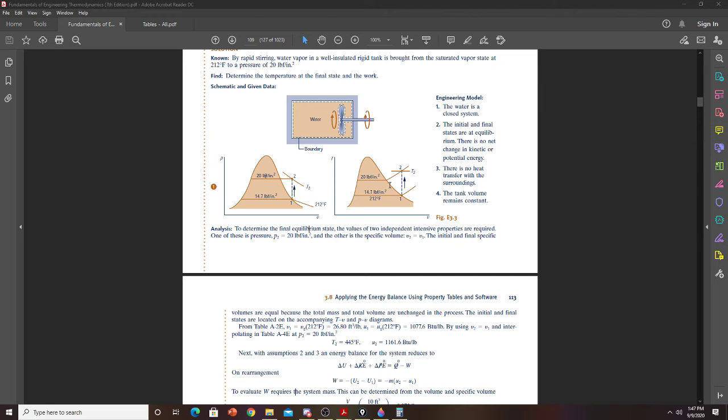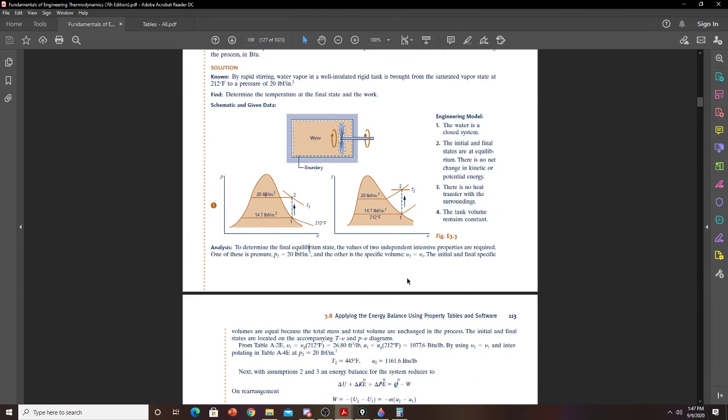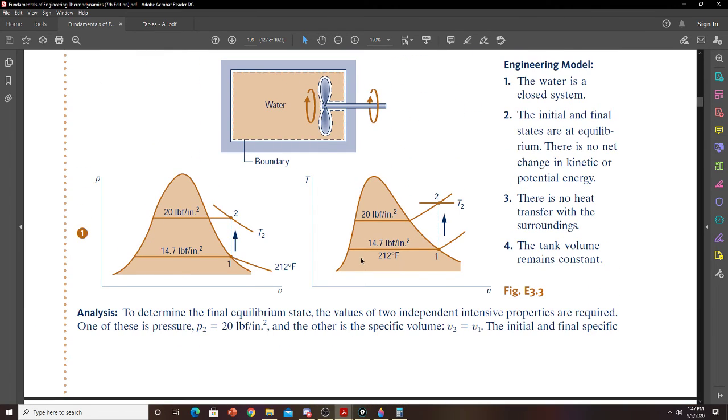And now really quickly, before you guys are out of here, I'm going to show you this. This is the PV diagram and the TV diagram for what we just did. All right, so let's go through it really fast. Our first pressure found on the table was 14.7 psi. That is simply because our first temperature is 212, as you can see here. So this is the TV diagram. This line is 212, which was the first temperature given.